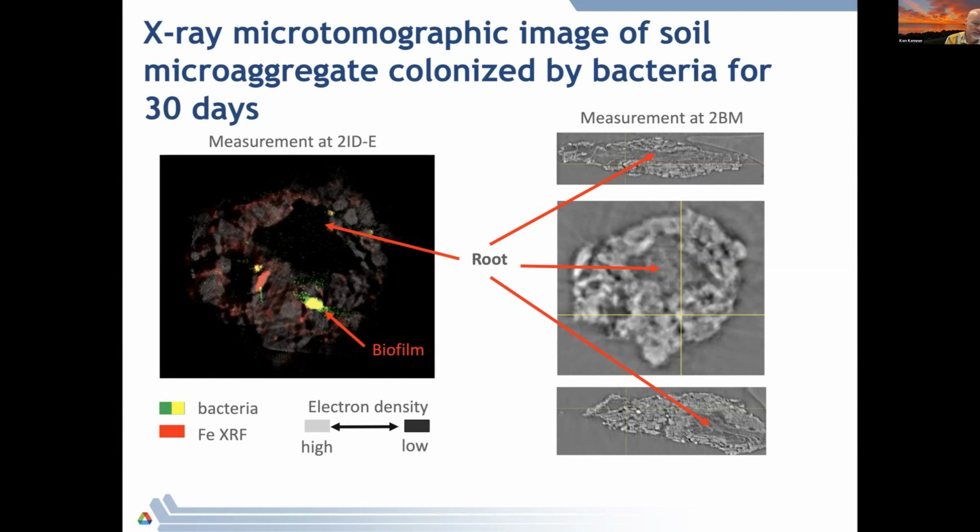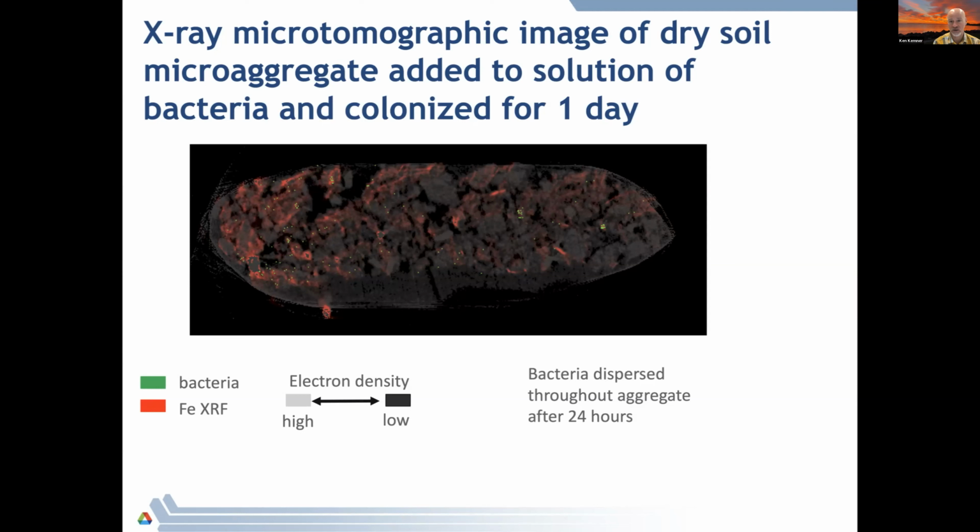And in that case, we in fact do see that 24 hours after a soil aggregate is dropped into this solution with bacteria, the bacteria have pretty much gone into the soil aggregate in all locations. This is just one of many slices we are able to find.